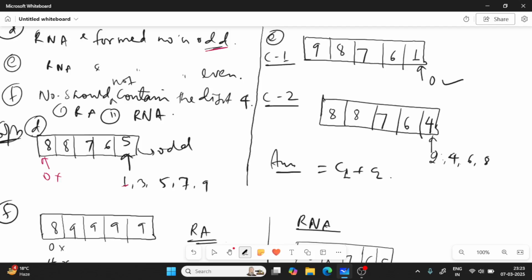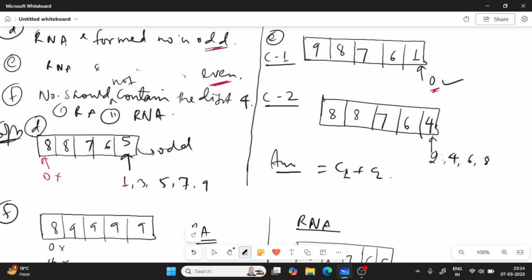Next question is repetition is not allowed and the number should be even. So to form an even number, we will consider those cases when 0 is used at the unit place and when 0 is not used at the unit place.